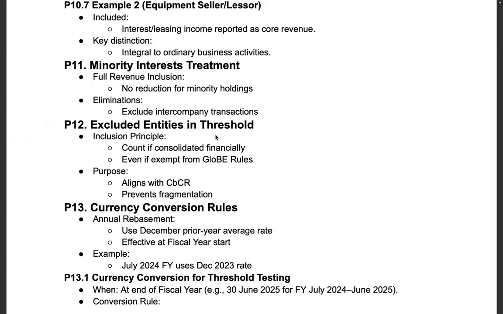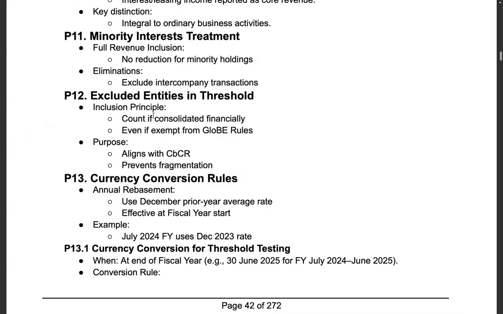Excluded entities in threshold. There's a principle: count if consolidated financially. There may be entities that are excluded from the consideration of Pillar Two tax.